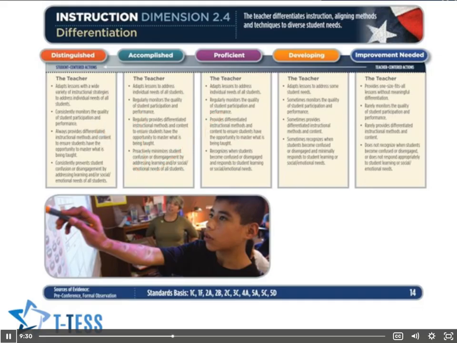The third continuum of descriptors addresses differentiation from both instructional methods and content perspectives to ensure that students master what is being taught. Teachers understand how differentiated content, activities, and materials are used to scaffold teaching and learning, provide acceleration, remediation, and address the requirements of the individual education plans for students who are participating in special programs.